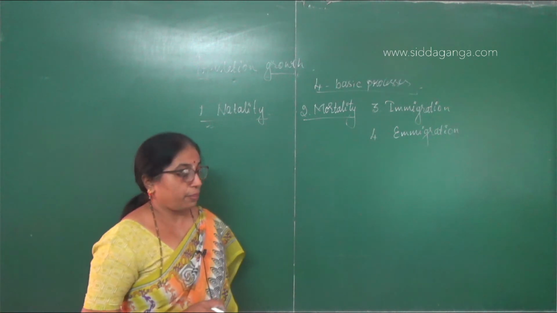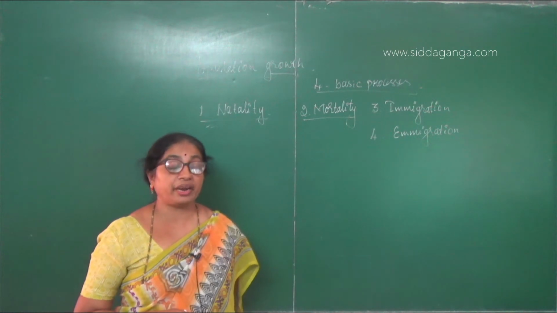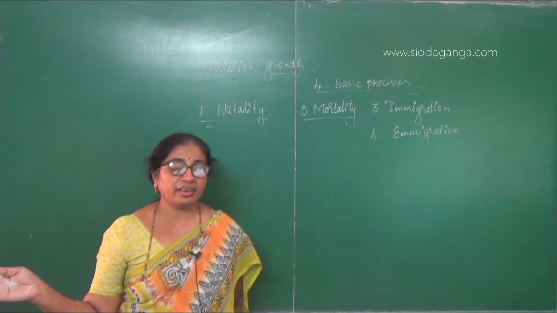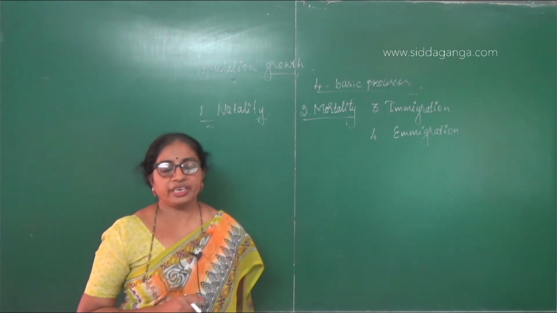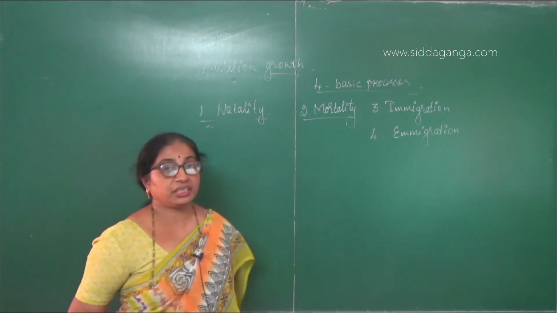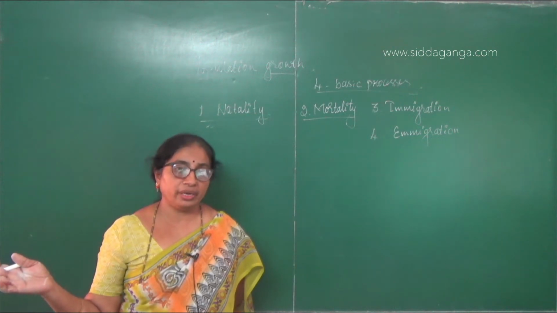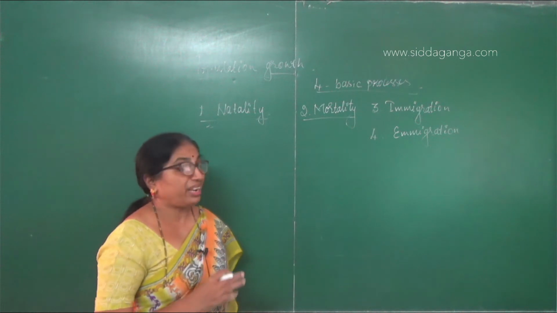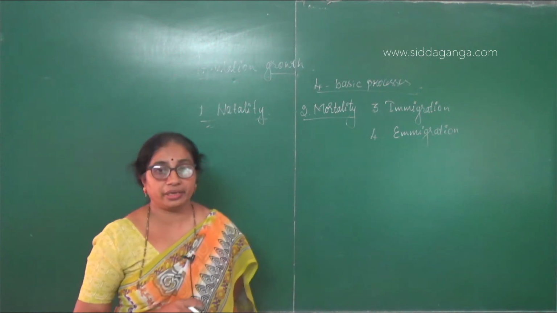So the individuals coming into the habitat from elsewhere is called immigration. So many of the people from the rural areas may enter into Davangere city, which may increase the population size of Davangere, which is called immigration.